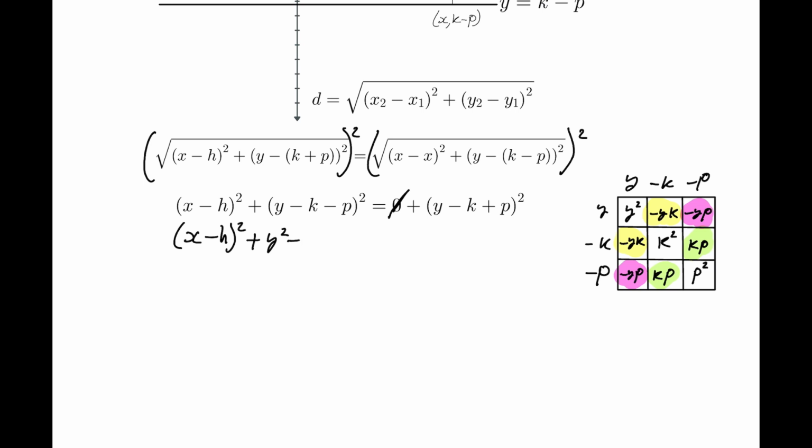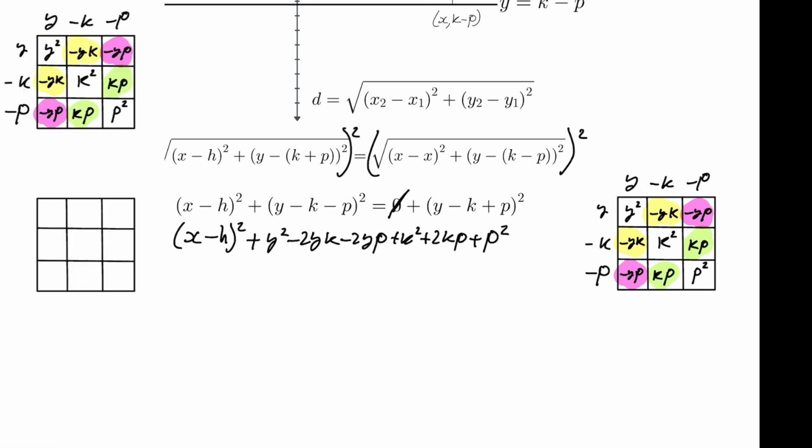Y squared minus 2yk minus 2yp plus k squared plus 2kp plus p squared.